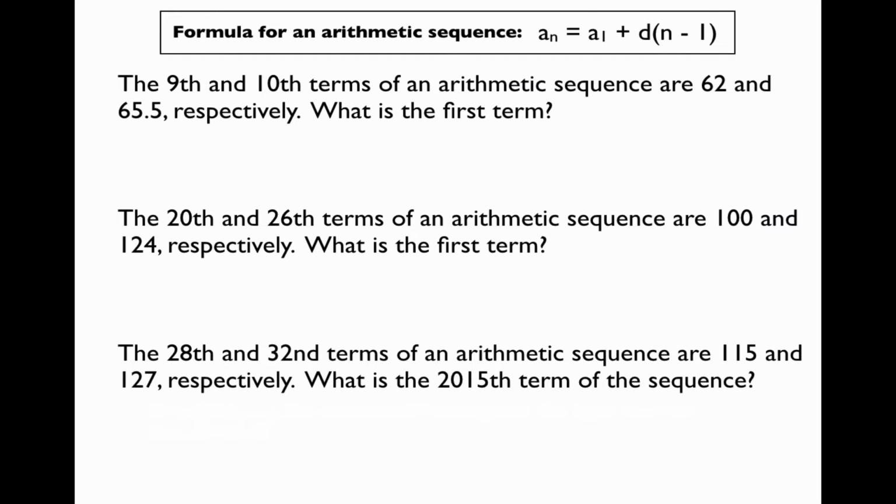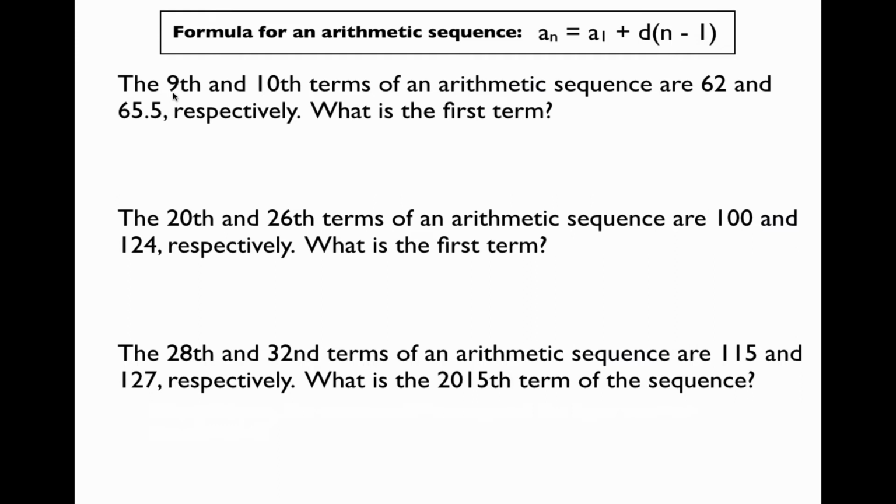Okay, so the first question says the 9th and 10th terms of an arithmetic sequence are 62 and 65.5 respectively. What is the first term? Well, let's see. Do we know the first term? No. Do we know the common difference? Well, because these terms are right next to each other, the 9th and 10th terms being 62 and 65.5, we can figure out what the common difference is.